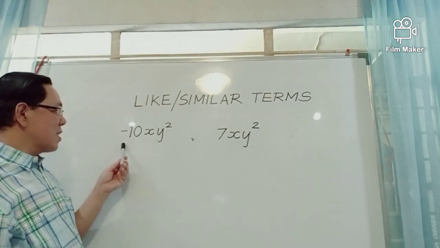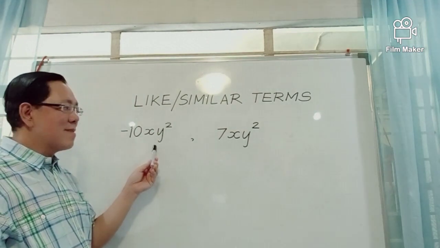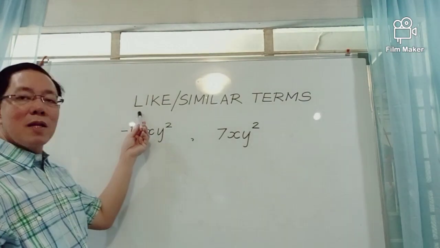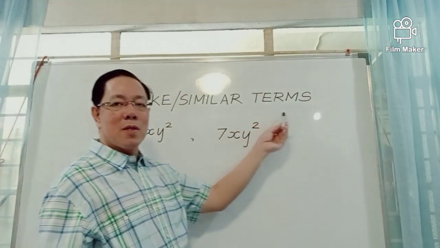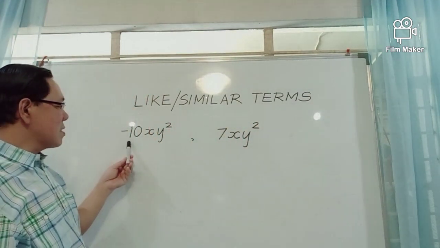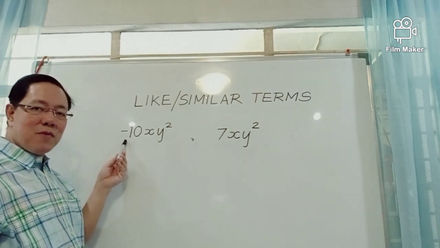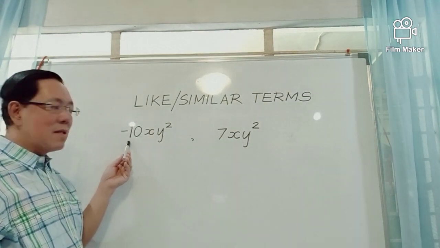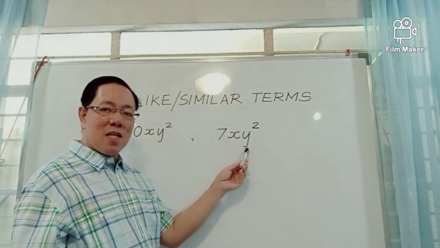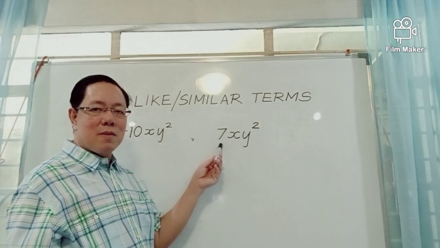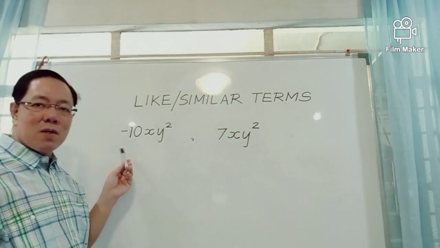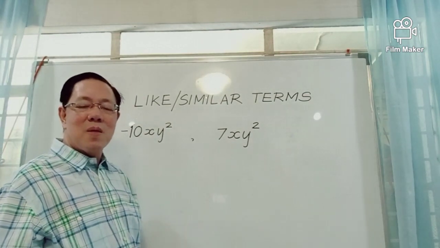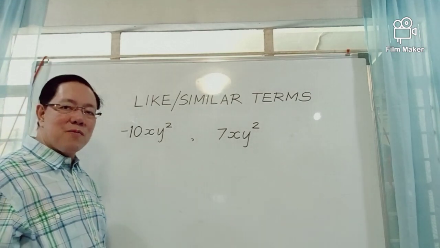This monomial, negative 10xy squared, and 7xy squared, are called like or similar terms. As you can see, they have different numerical coefficients. The numerical coefficient of this monomial is negative 10, while the numerical coefficient of this monomial is 7. But they have the same or similar literal coefficient.